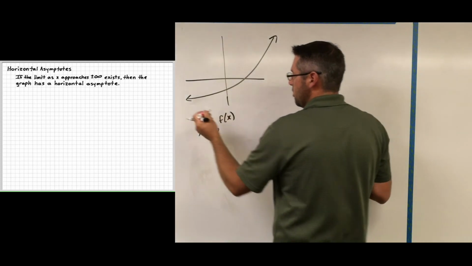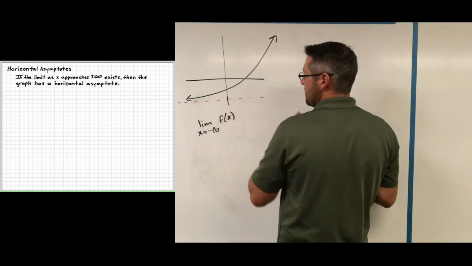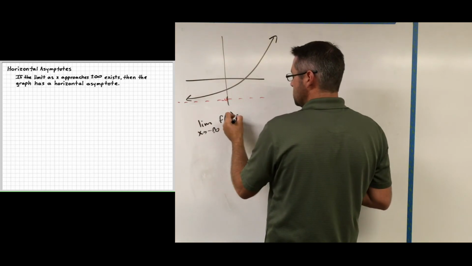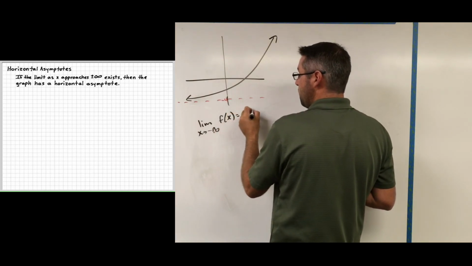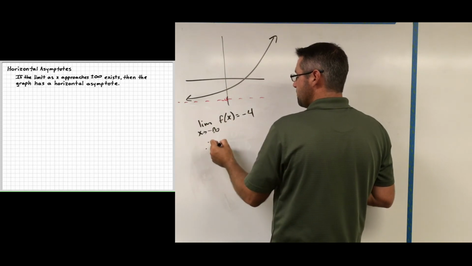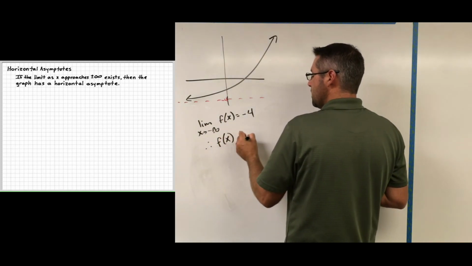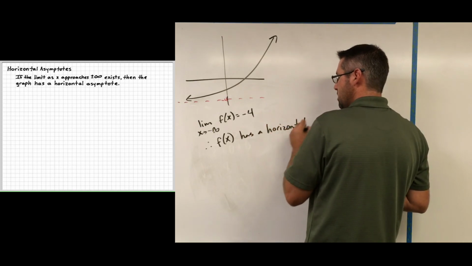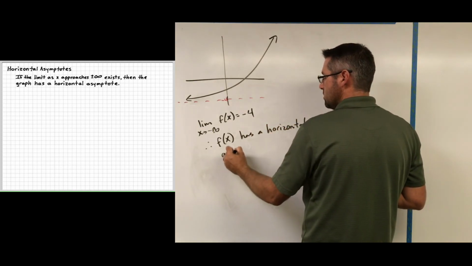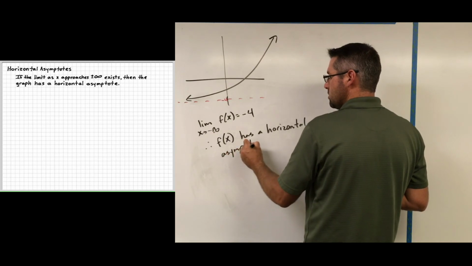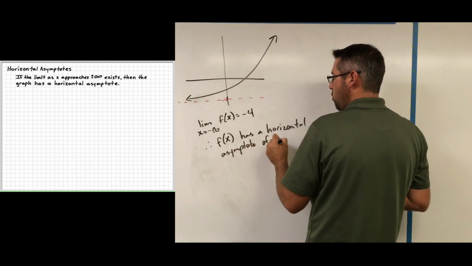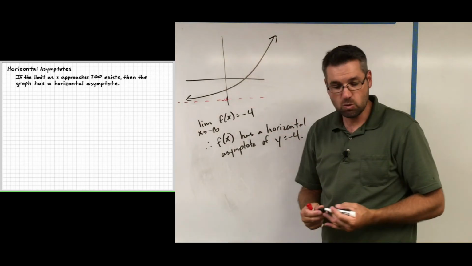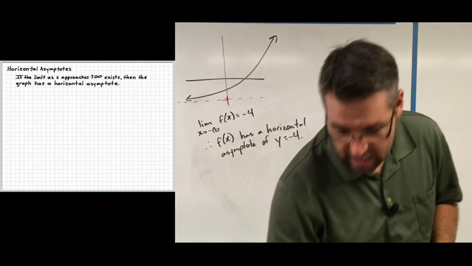And that looks like it's approaching a specific number, whatever that is. And so let's say that's negative 4 there. So the limit as x approaches negative infinity is negative 4. And we'd say, therefore, f of x has a horizontal asymptote of y equals negative 4. It's a y value. Okay? So that's what an asymptote actually is.